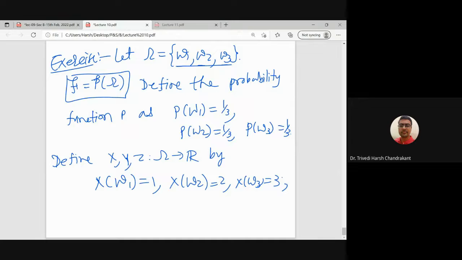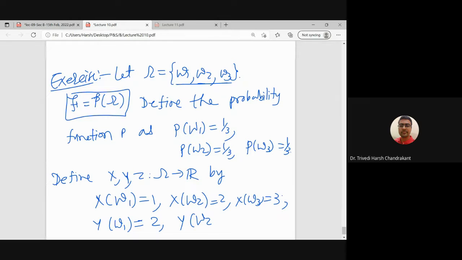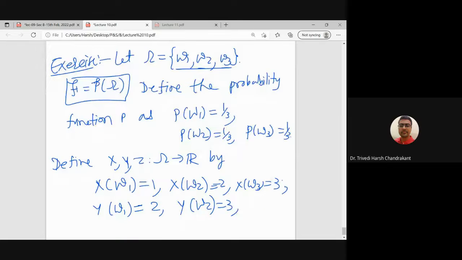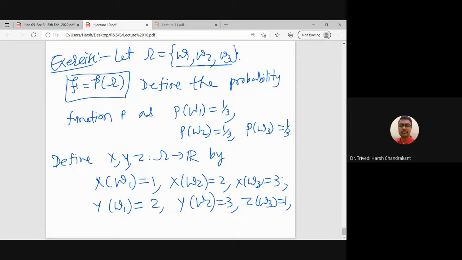The second random variable Y we are defining as Y(w1) is 2, Y(w2) is 3, and Y(w3) is 1, right? And the third function we define in a similar way. So these are the three random variables.